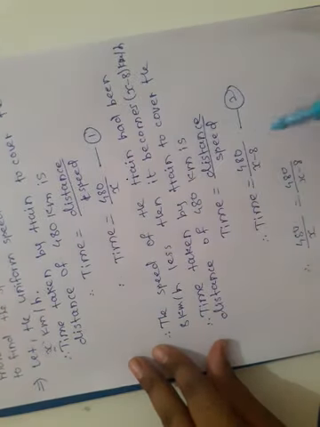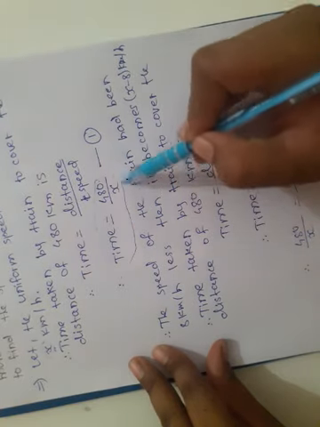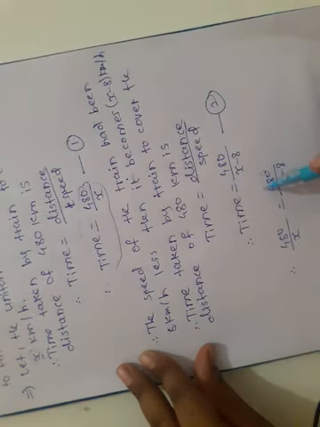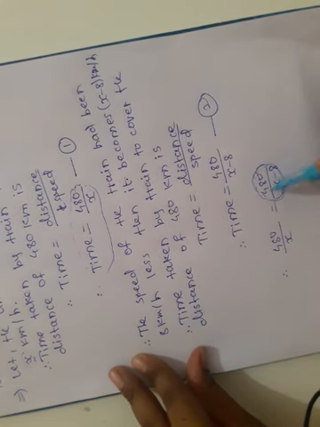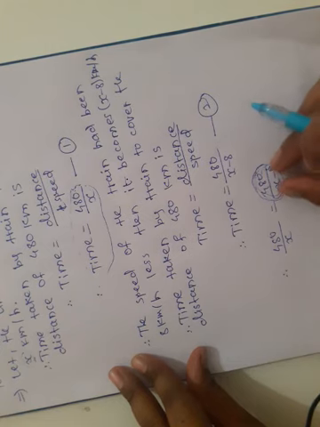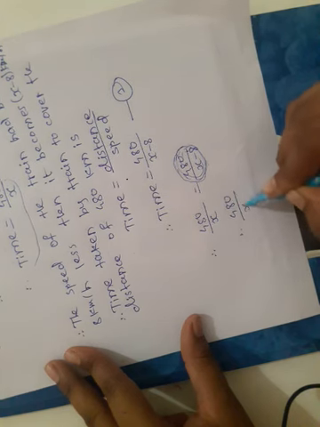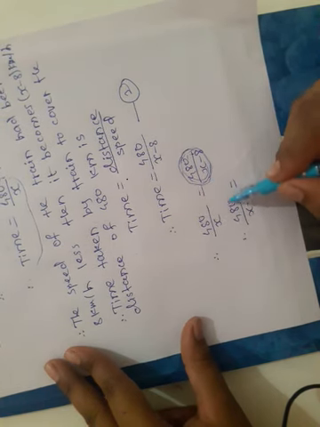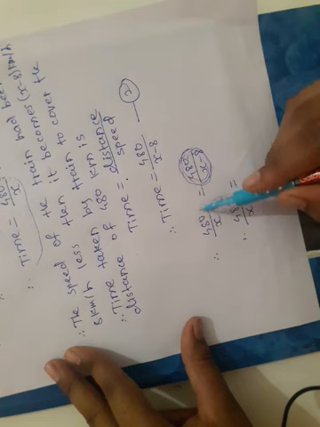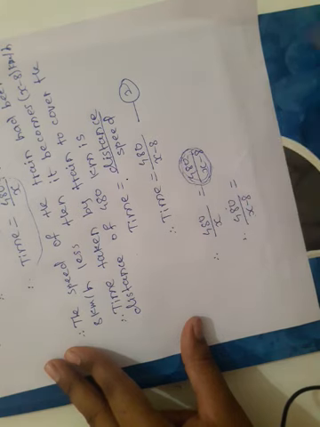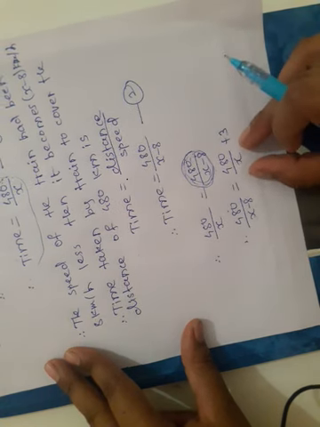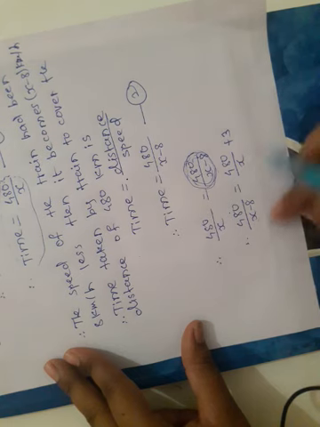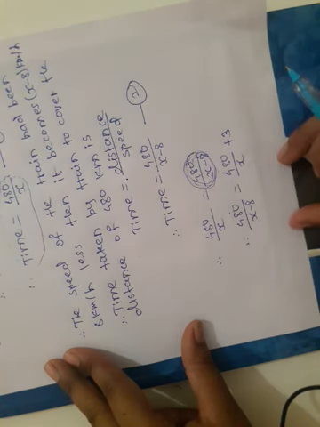So when the original time is 480 upon x, the time at reduced speed is more than the original time by 3. So we can write 480 upon x minus 8 is equal to 480 upon x plus 3. After solving this equation, we find the quadratic equation.